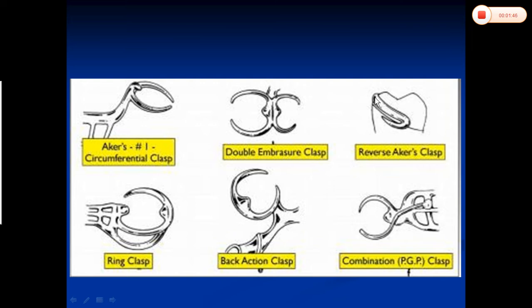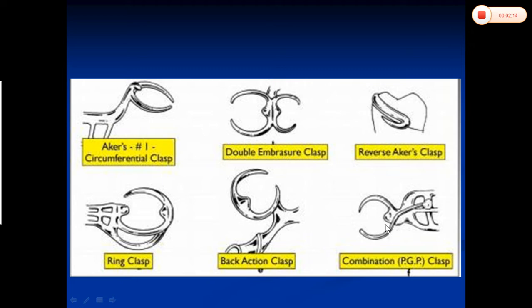It has originated from here, come down and taken a hairpin bend. So this is known as fish hook clasp or hairpin clasp or reverse Akers clasp. This is the ring clasp. It encircles the tooth entirely, so it is known as ring clasp. This is the back action clasp. This is a combination clasp.